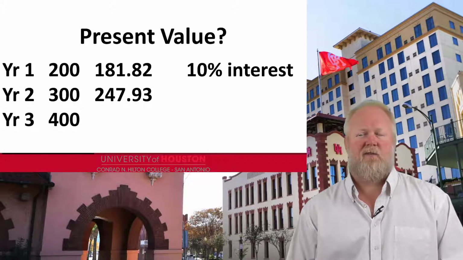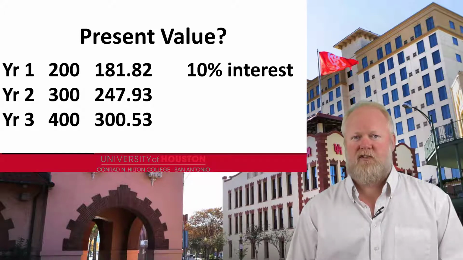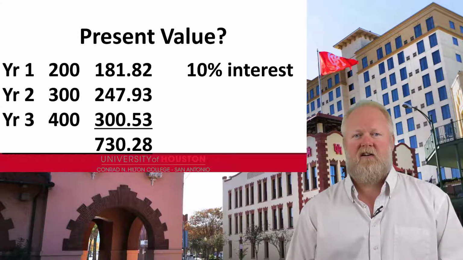And then we could calculate the present value of receiving $400 3 years from now at 10% interest and get $300.53. We could then add up each one of these individual present values to get a total present value for that uneven income stream.